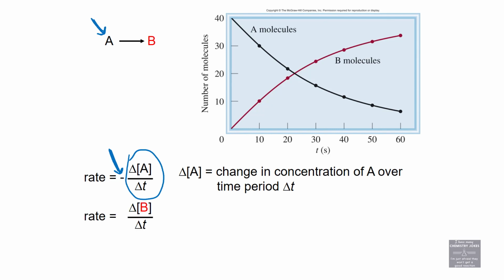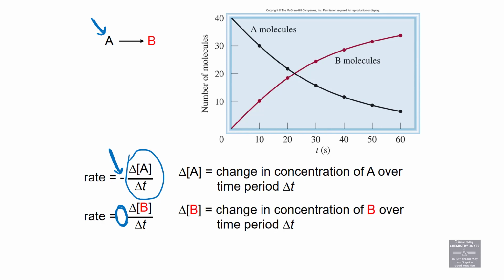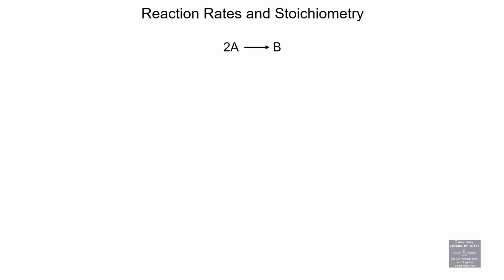If we're talking about the rate of appearance of a product, we don't put a negative out front because the product is appearing at a positive rate value. So it's the change in concentration over time for B, a product because it's increasing. A decreases, it's negative. B increases, it's positive.